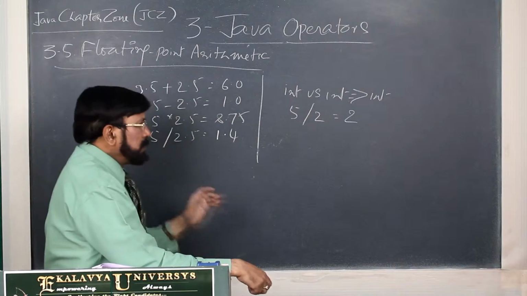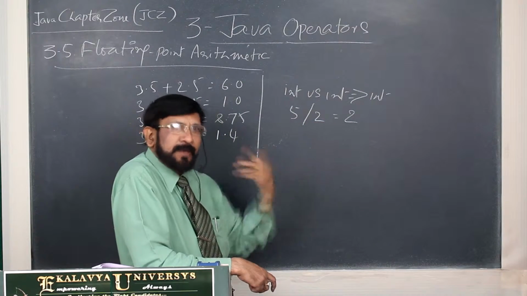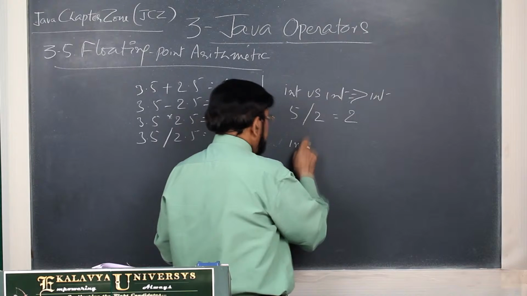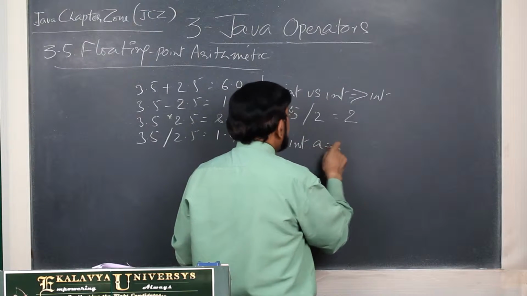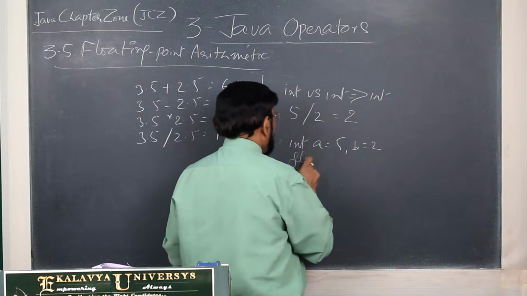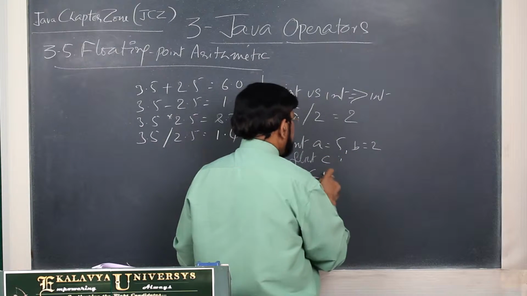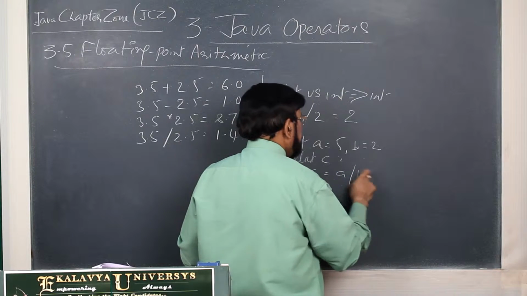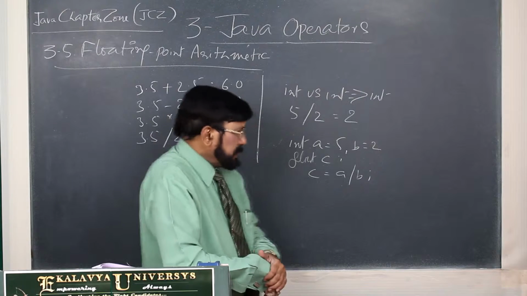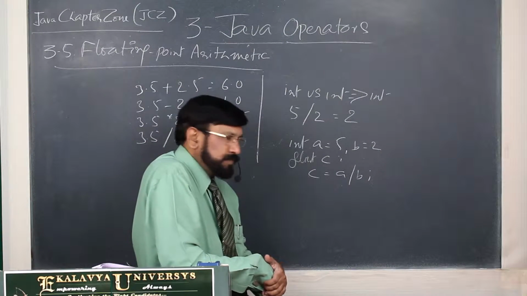Now, you may get a doubt. Suppose if we store this one in a float, what will happen? Just I show it to you. Int a 5, b 2, float c. c is equal to a by b. Now, guess the result. Is it 2.5 or 2?